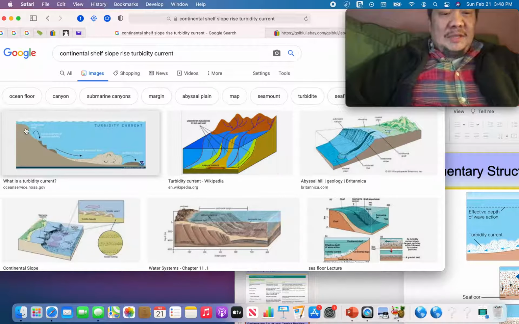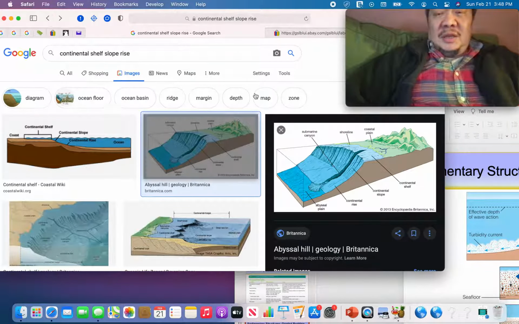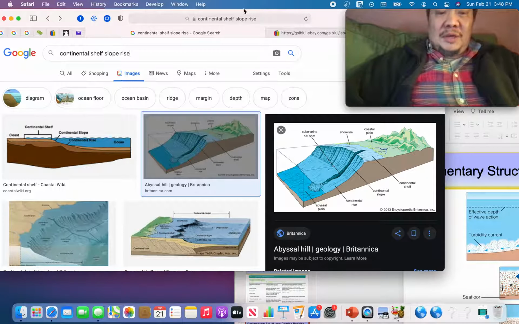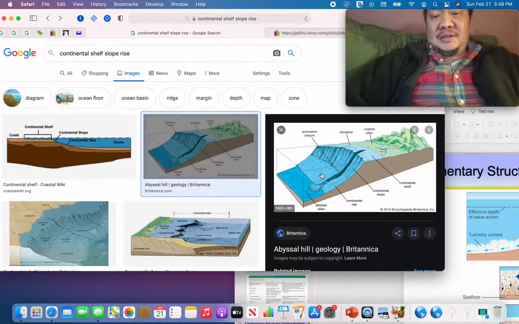Sometimes the sediment will just slide down at hundreds of miles per hour going down the continental slope. And when that occurs, the sediment is like a knife carving through hot butter, or soft butter would be better, and it just carves out these canyons. So these turbidity currents carve out these canyons.